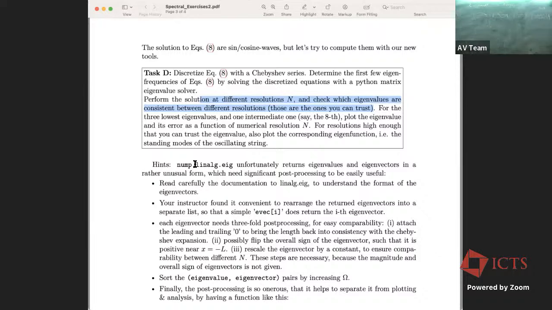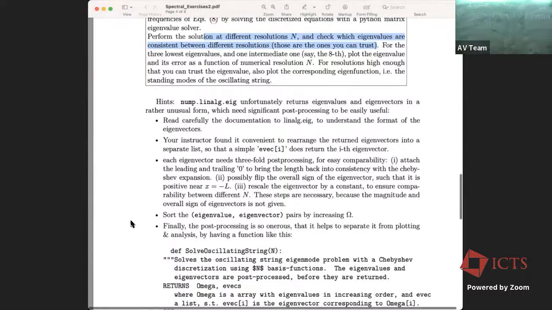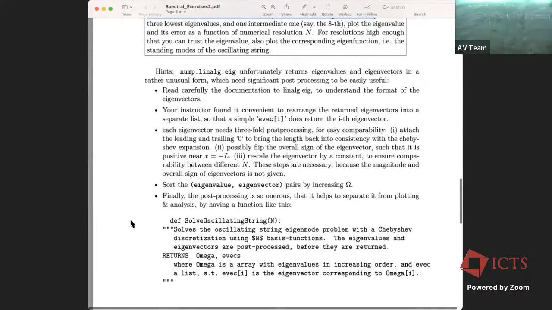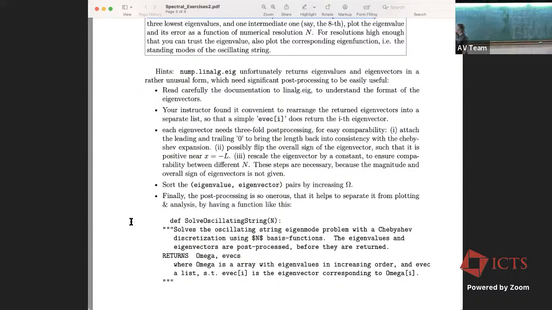But now, unfortunately, comes the long list of stupidity that has to do with numpy.linalg. The difficulty is, you're getting returned n-2 eigenvalues and eigenvectors, but before you can actually make nice plots with them, there's a lot of work you have to do.